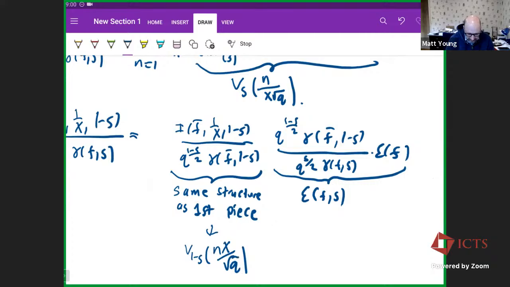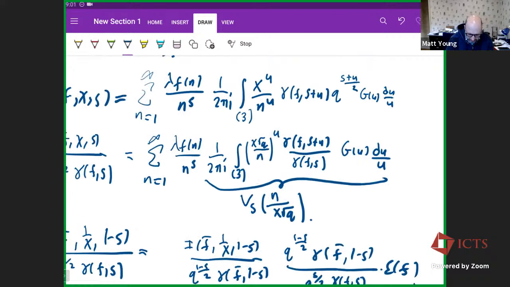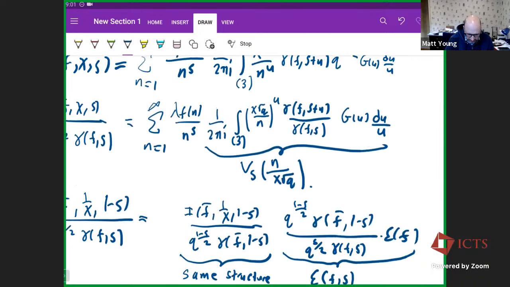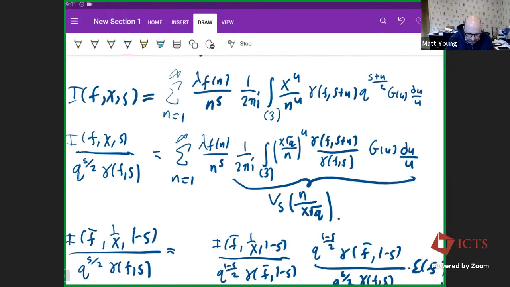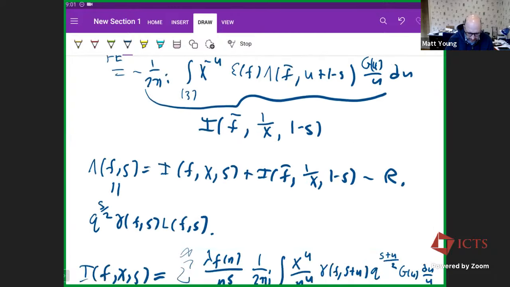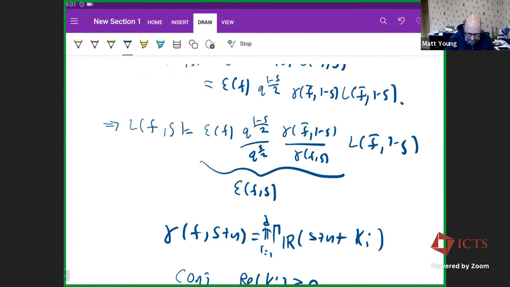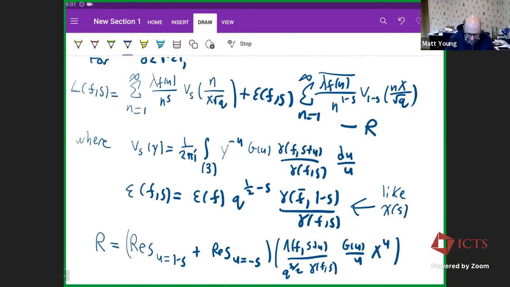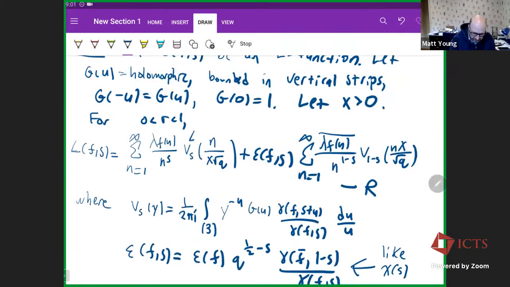Technically, now that I look at this, the v function depends on the gamma factors, and that's buried inside the notation. So if we go back to this, the first one is the v function for f, and the second one is for f bar.